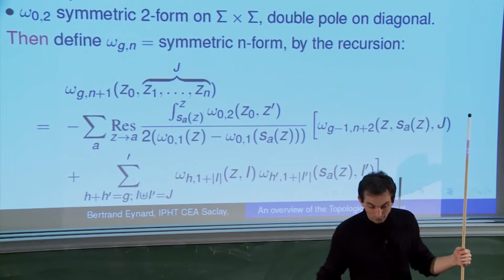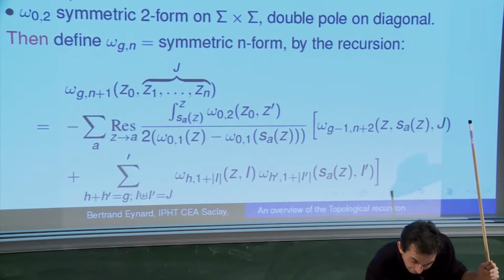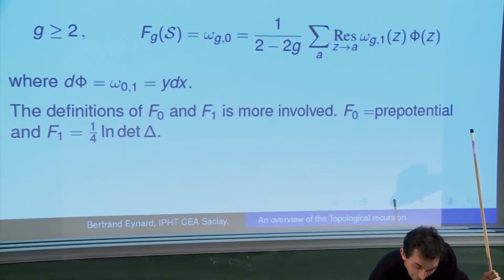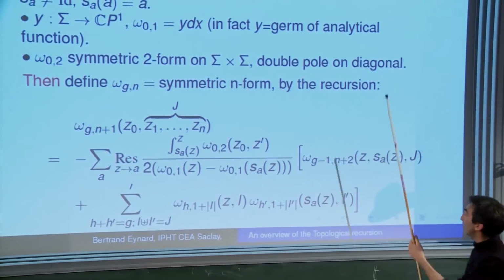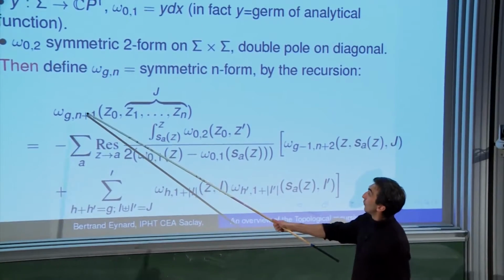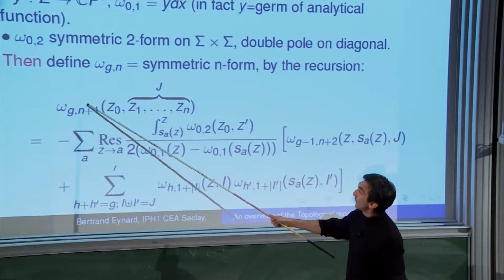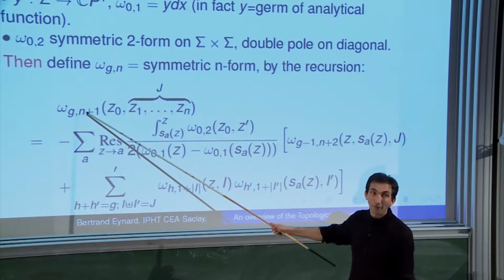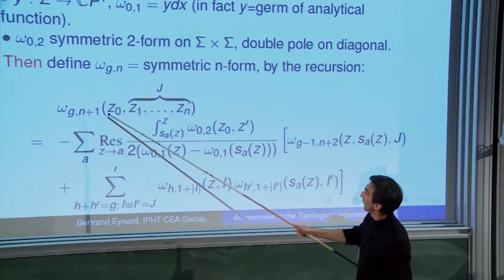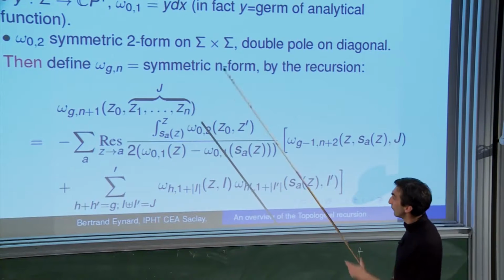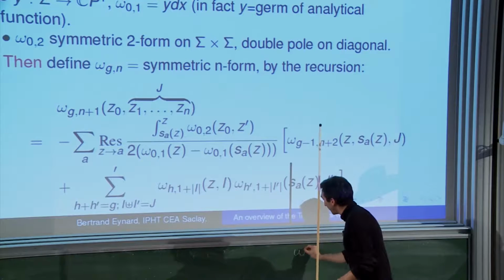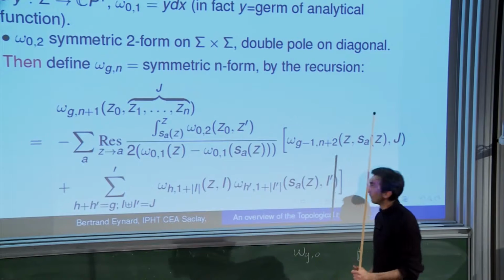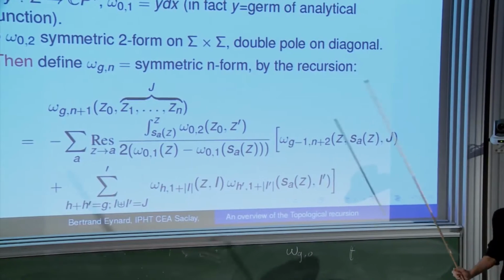Right. So why is it interesting to do that? In this definition, you see this integer is always at least 1, so this equation never defines omega g,0.